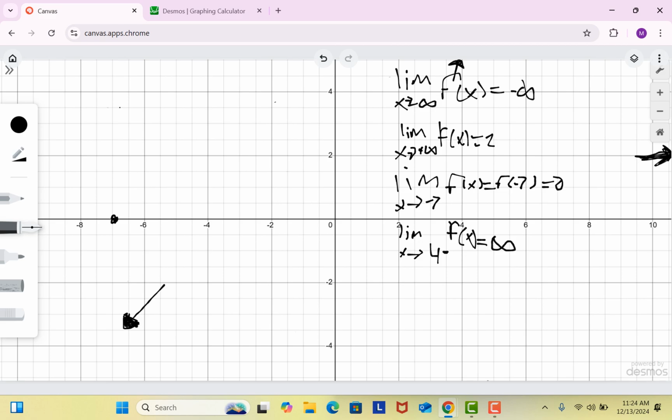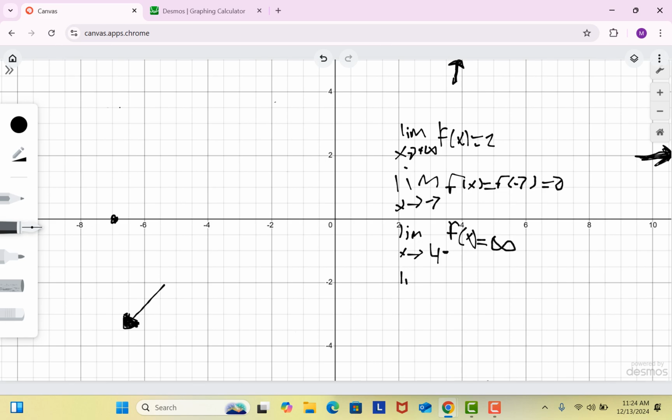I'm actually going to erase this because we already know that when x approaches negative infinity, it's going to go down. Okay. So we know that when the limit is approaching 4 from the left side, f of x is going to be infinity. So we know that it's going up here.